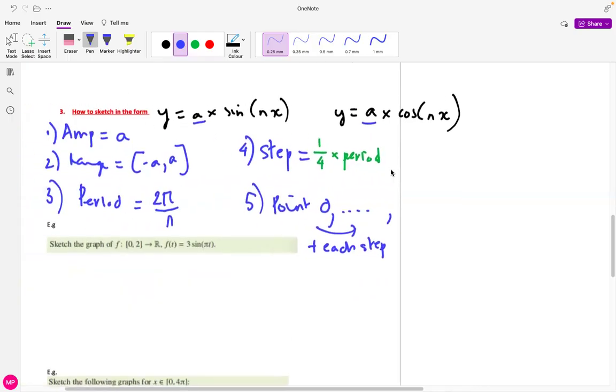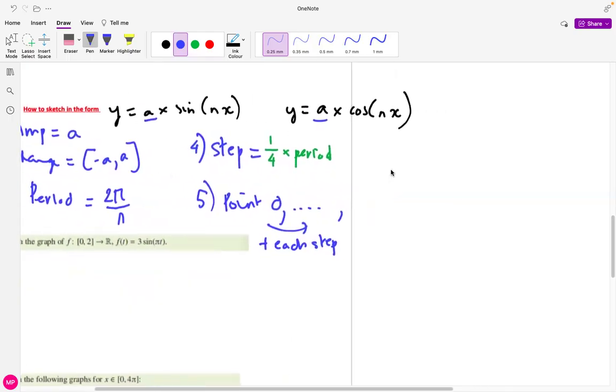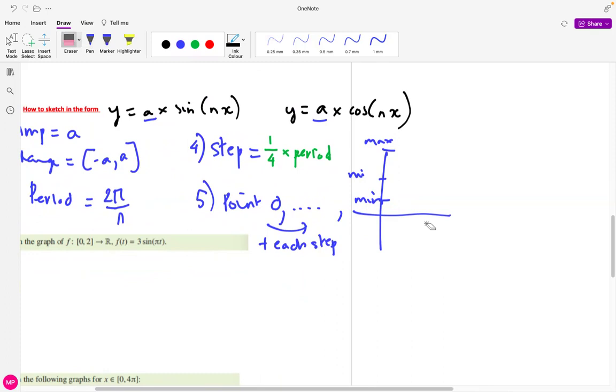Before we go with the example, let's remember that sine graph. You have the minimum, the maximum, and the middle. Because this doesn't have a translation, let's make the middle 0.